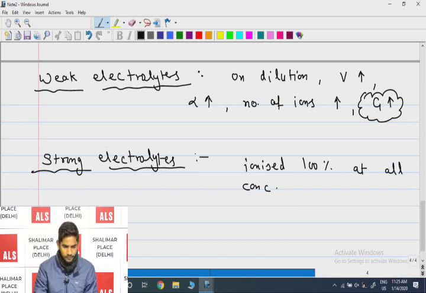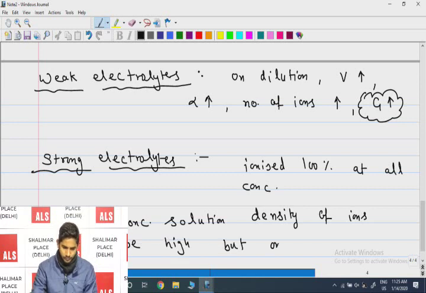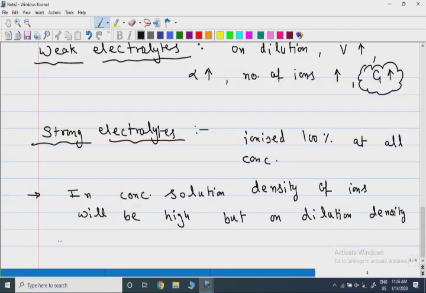But look at this: in concentrated solution, the density of ions will be high, but on dilution, the density of ions decreased. Therefore, conductance increases.